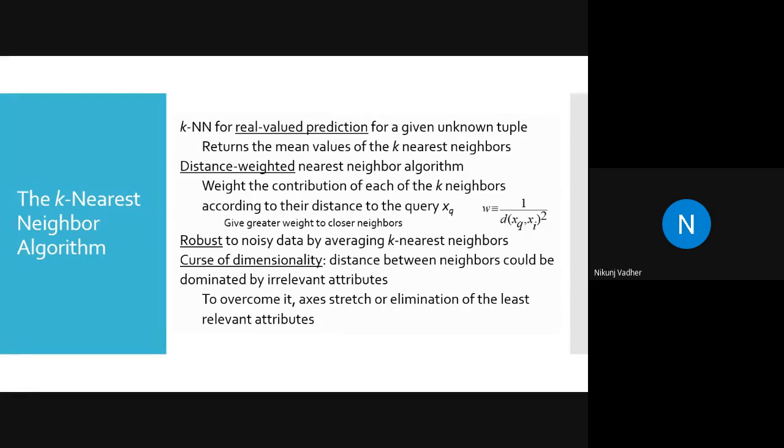But what is another problem with this? The problem with KNN is the curse of dimensionality. You know that we have calculated the Euclidean distance, so the larger the number of dimensions, the lengthier the calculation will become. It will take more time to calculate the distance.